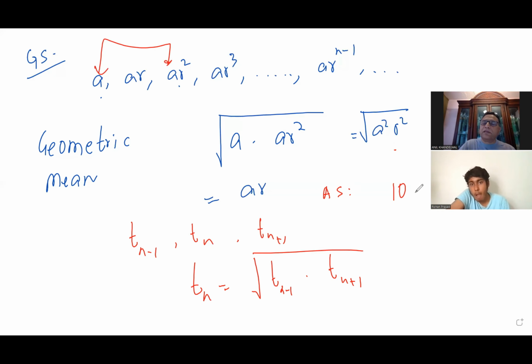So what is the arithmetic mean of these two? The arithmetic mean is 15, right? Yeah. And what is the geometric mean of this?